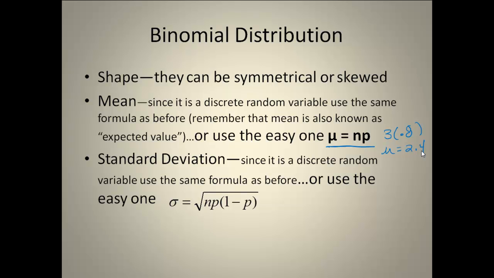Standard deviation works in a similar way. We can still use the formula that we had before for discrete random variables, or since we have a binomial distribution, we have a formula that's a little bit simpler. We can take n times p times 1 minus p and take the square root of that. So for our example, we would have the square root of 3 times 0.8, because we had 3 trials and our probability of success was 0.8, times 1 minus 0.8, which gives us 0.2.